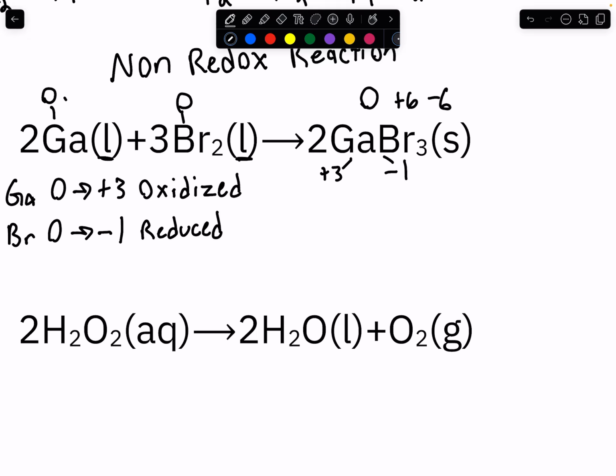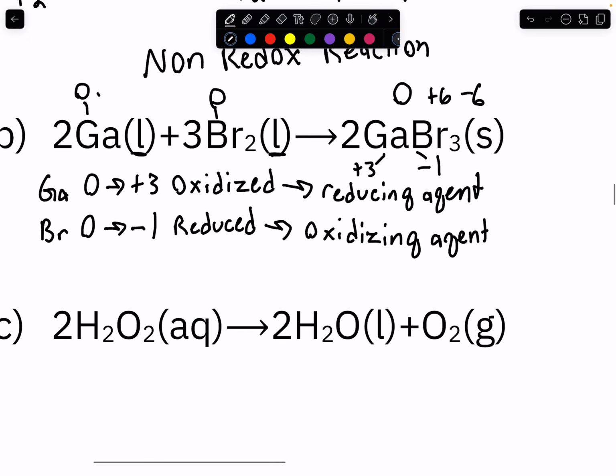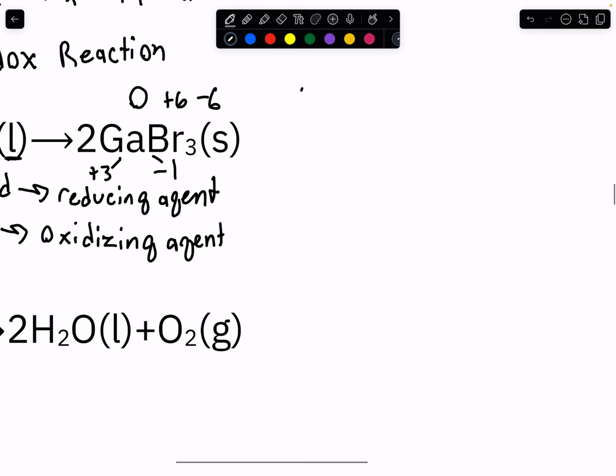It's funky because usually what's oxidized means it's the reducing agent. And what is reduced is usually the oxidizing agent. However, I am going to show you something that I have used forever, and that's Leo the lion goes grr.